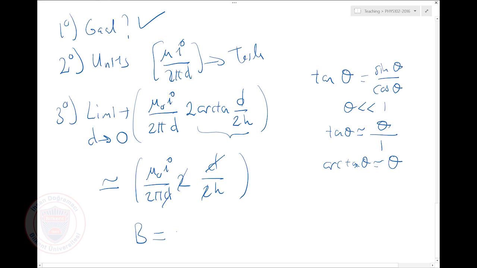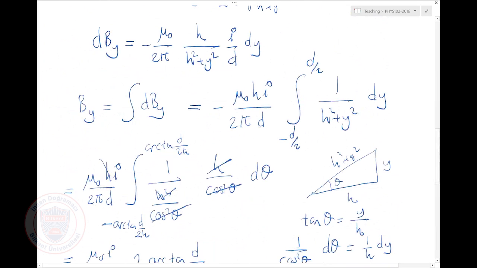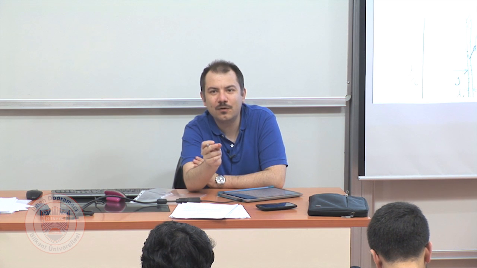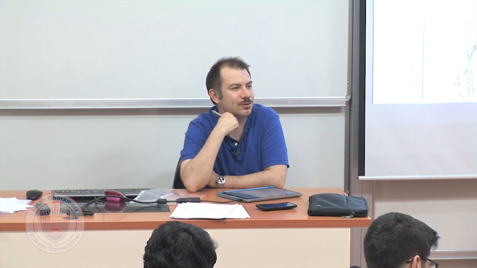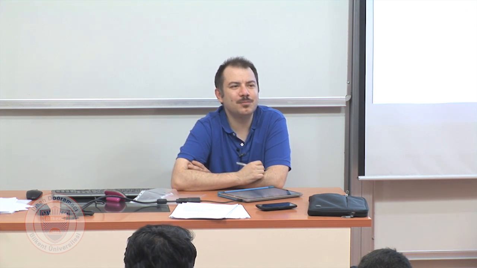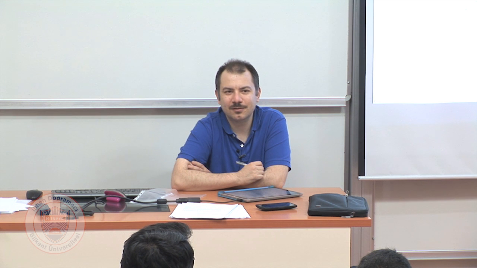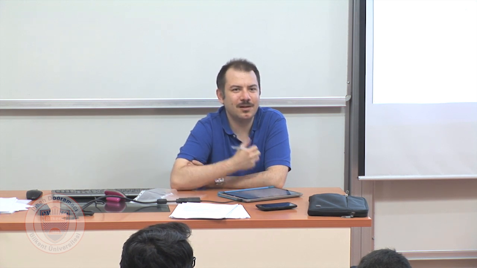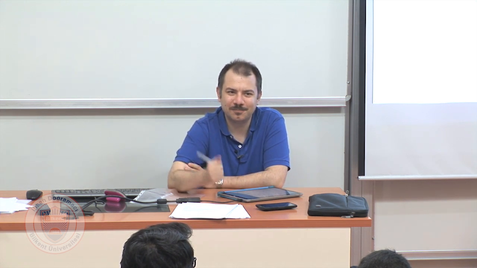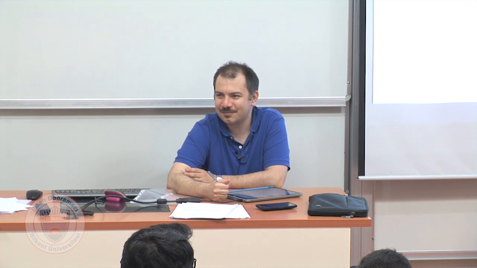The result I get is mu 0 I over 2 pi h. Exactly what I would expect if there is only a very narrow wire that's carrying all my current. So once I get the same result for the wire, I'm pretty sure I found the correct result. All right? My units check, my limits check, so everything is very nice.